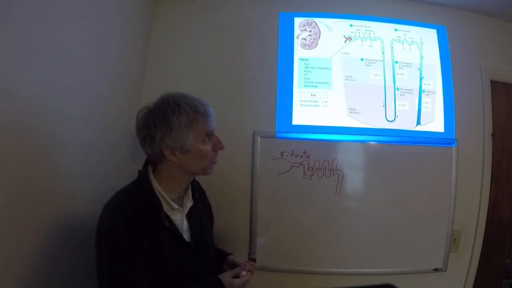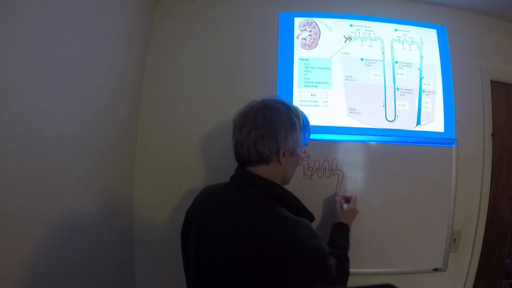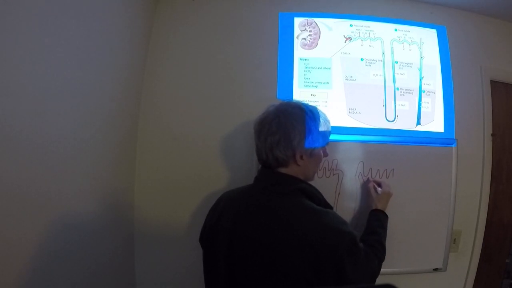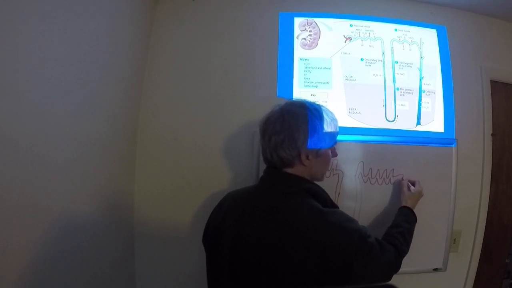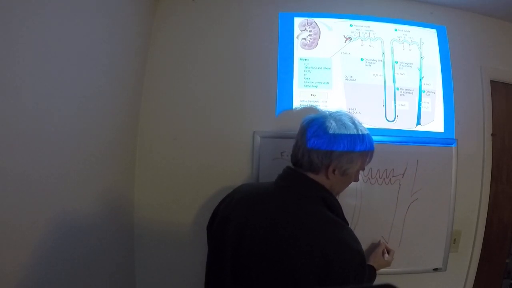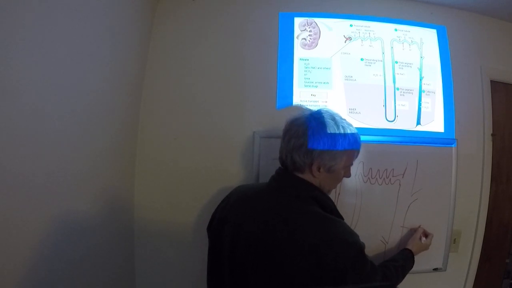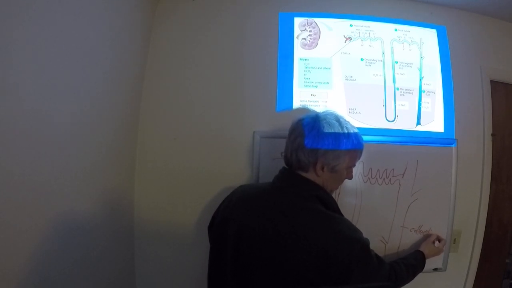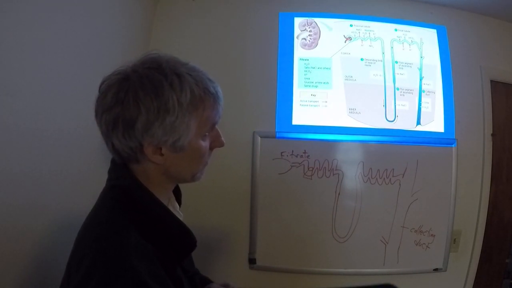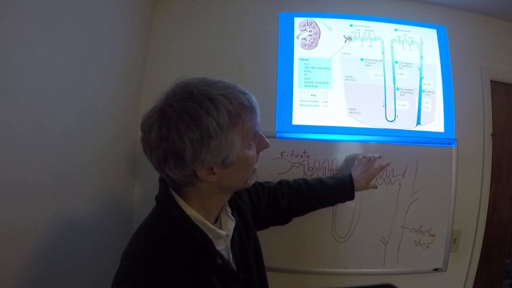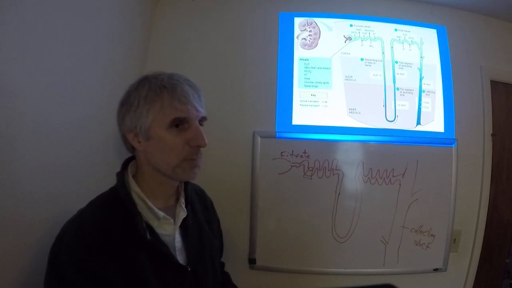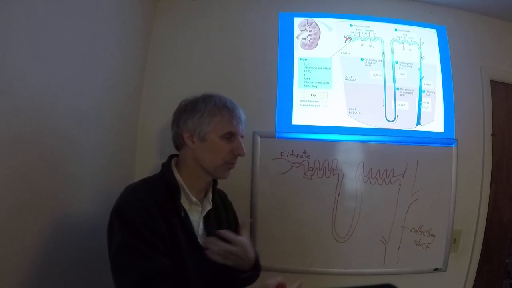Now let's move to the distal convoluted tubule. Now we've got another convoluted tubule, and then over here is our collecting duct. In the distal convoluted tubule, we're going to do more absorption, reabsorption, and secretion.